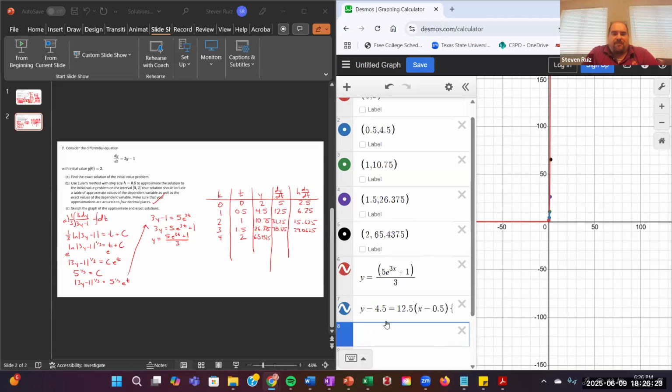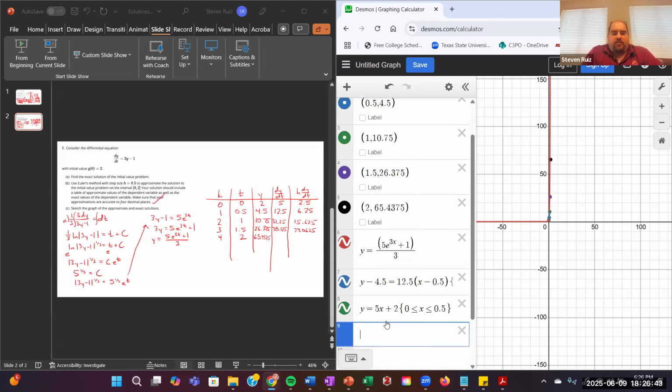Skip one. y equals 5x plus 2, for 0 less than or equal to x less than or equal to 0.5. All right, the third one, y minus 10.75 equals, what's that slope? 31.25 times x minus 1.